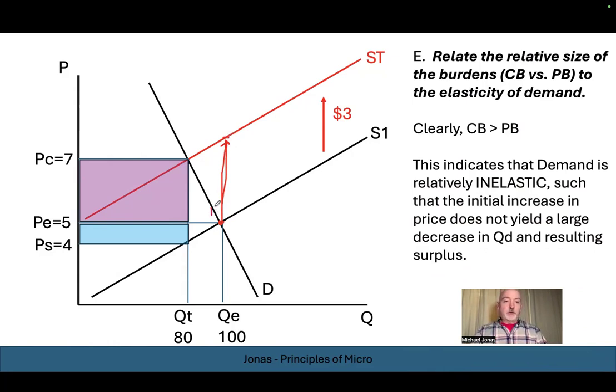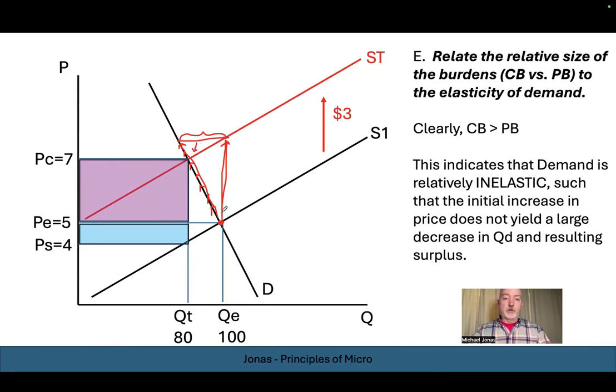But we note that as that price rises, consumers have some ability to fight back in the form of just not buying the product, right? The law of demand, as the price goes up, quantity demanded falls. With a relatively inelastic demand, like we're seeing here, that steep downward sloping demand curve, it means that change in quantity is going to be relatively small, and it's going to create a relatively small surplus here, which isn't going to take a whole lot of adjustment to dissipate.